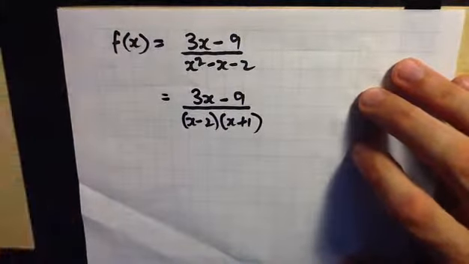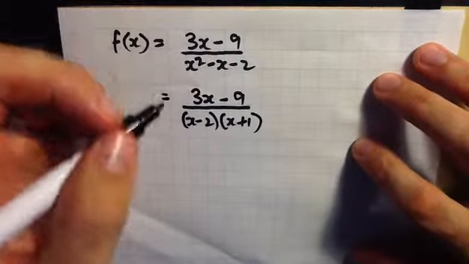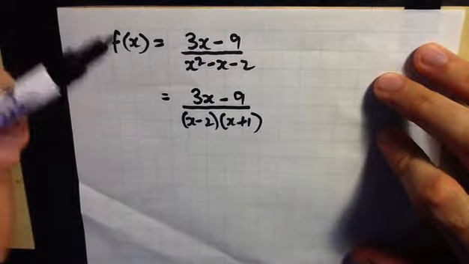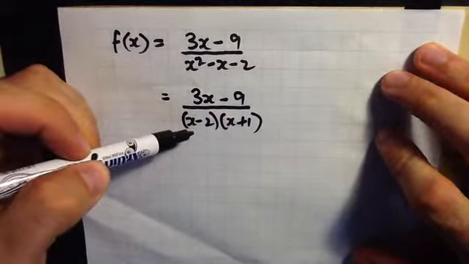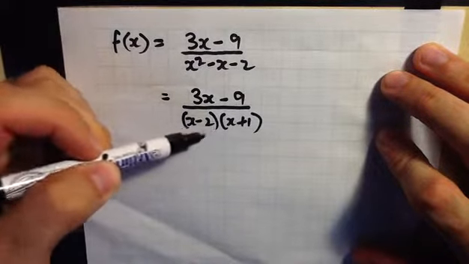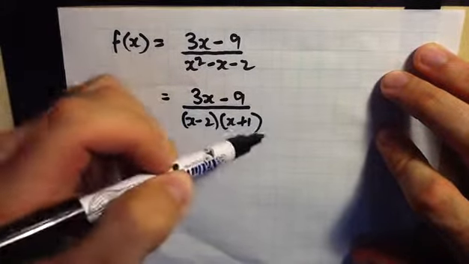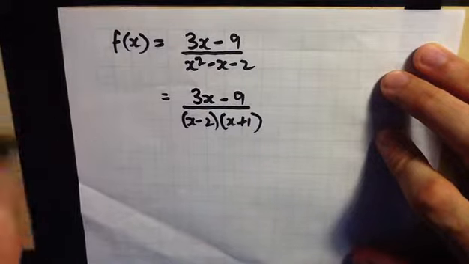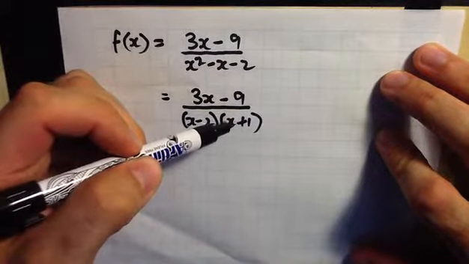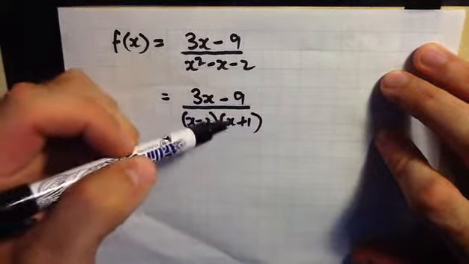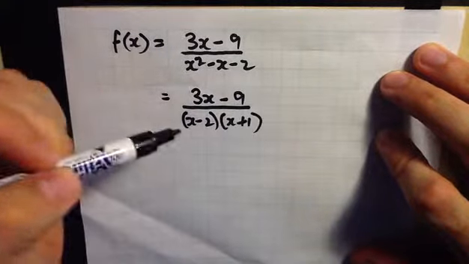Now I can see from that that I would have two asymptotes. I would have one at x equals 2, because 2 take 2 would turn this bracket into 0, therefore turning the denominator into 0, making it undefined, therefore it's an asymptote. Or if x was equal to -1, I would also have an asymptote, because that would turn this bracket into 0, turning the denominator into 0.